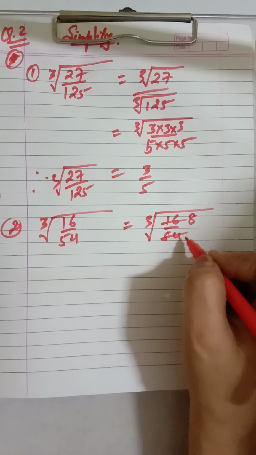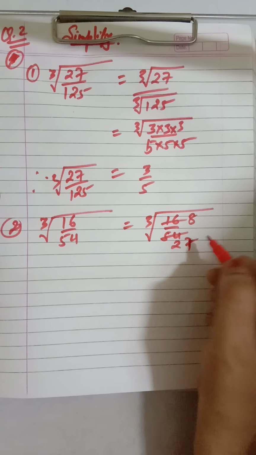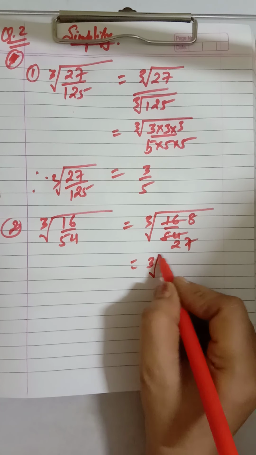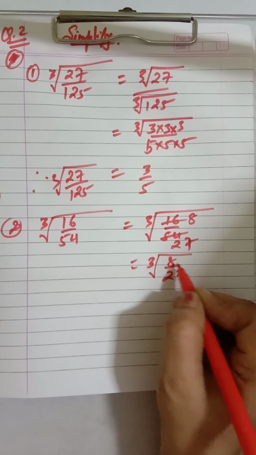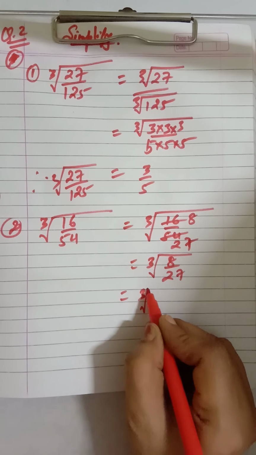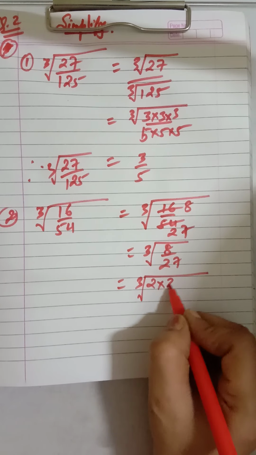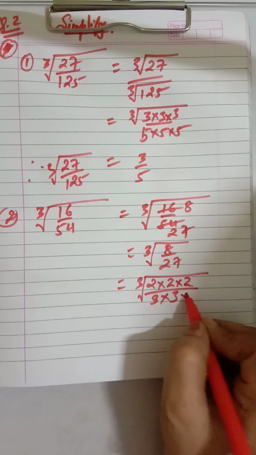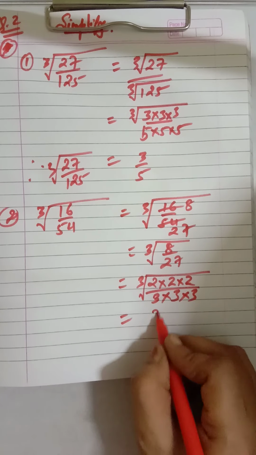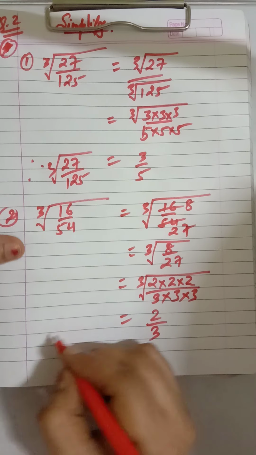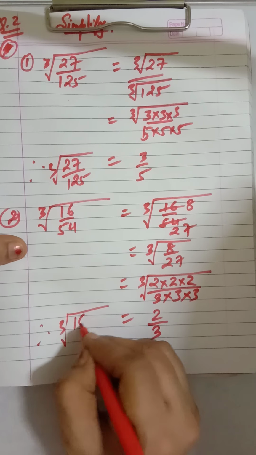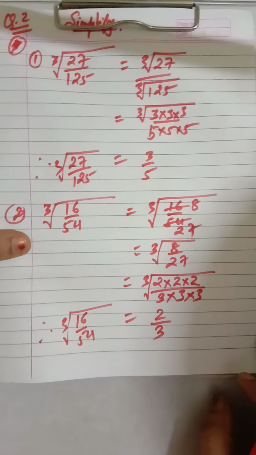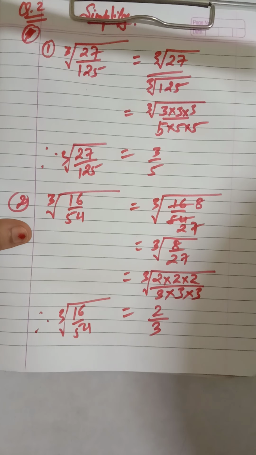So it is 2 8s and 2 27s. So this will become cube root of 8 upon 27, and that will be equal to cube root of 8 can be written as 2 into 2 into 2, and 27 can be written as 3 into 3 into 3, and from this 1 2 comes out, and 3 comes out. So we can write cube root of 16 upon 54 is equal to 2 upon 3.